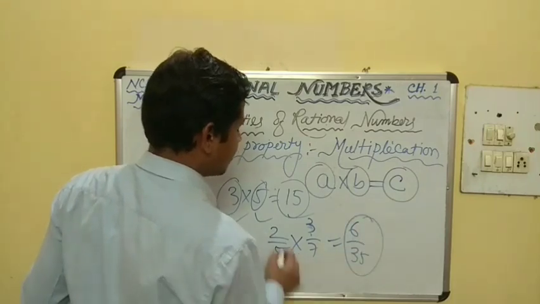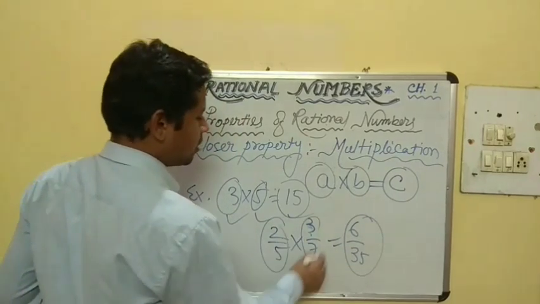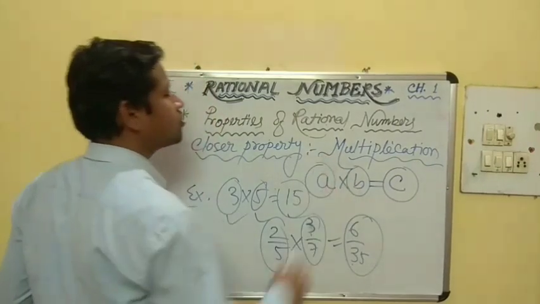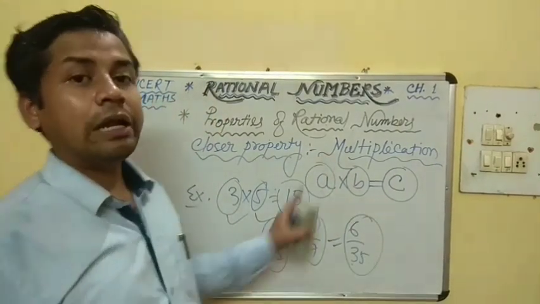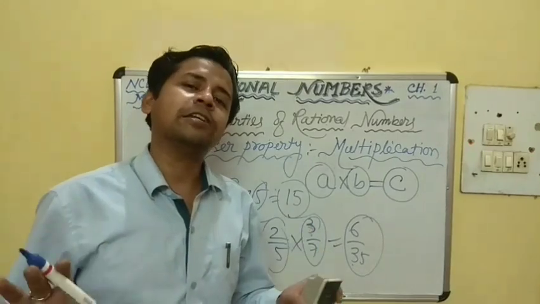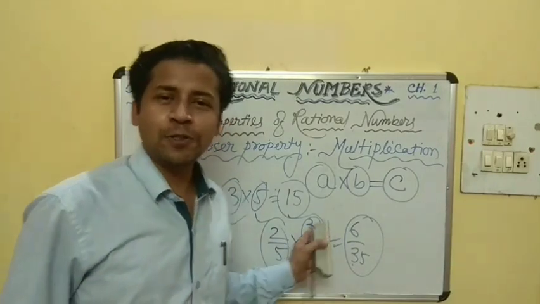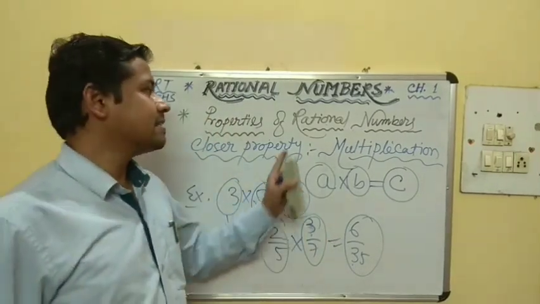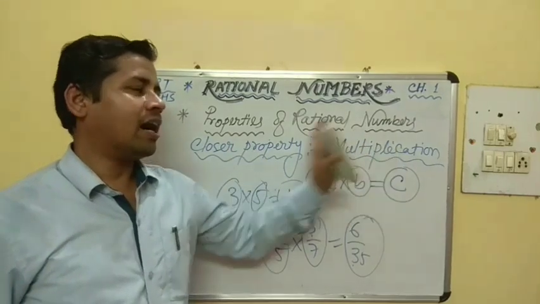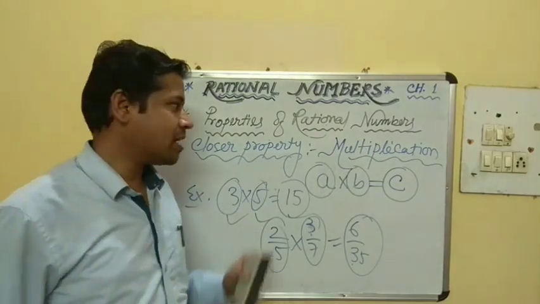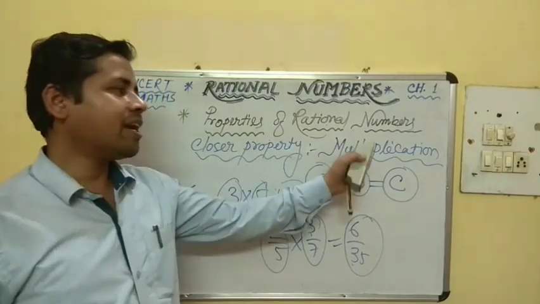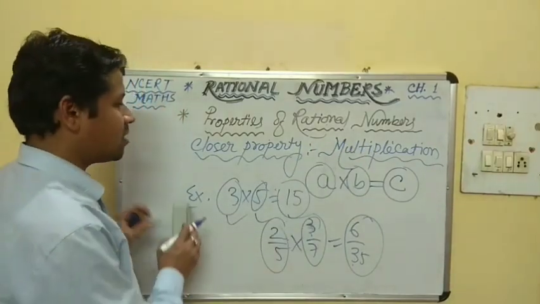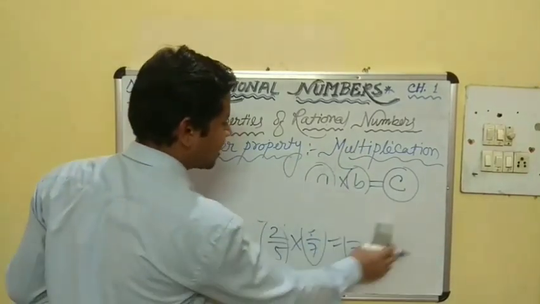That means rational into rational is rational. So it also satisfies the closure property under multiplication. Rational numbers are closed under multiplication, we can say.